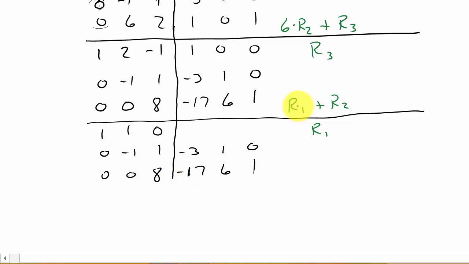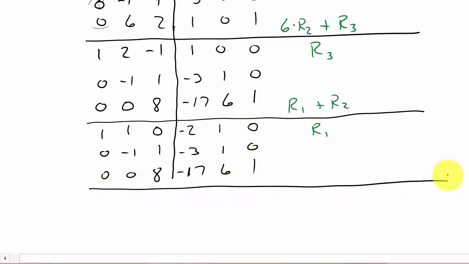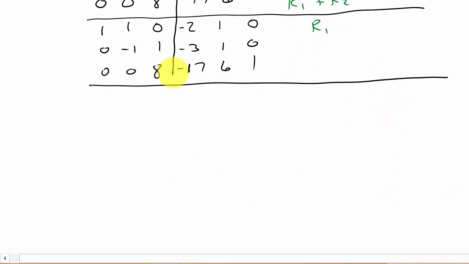All right, so let's add row 1 and row 2. 1 plus negative 3 is negative 2. 0 plus 1 is 1. And 0 plus 0 is 0. All right. Now let's draw our line. Let me extend this down some more.